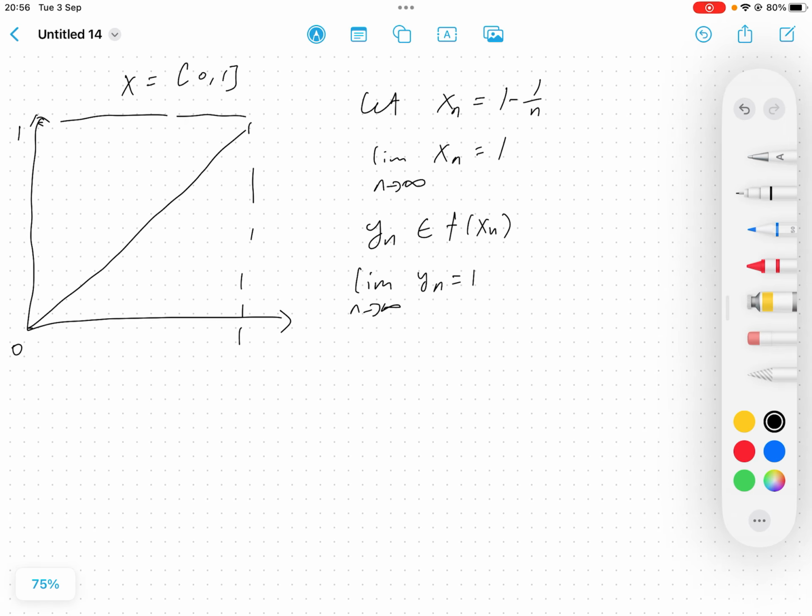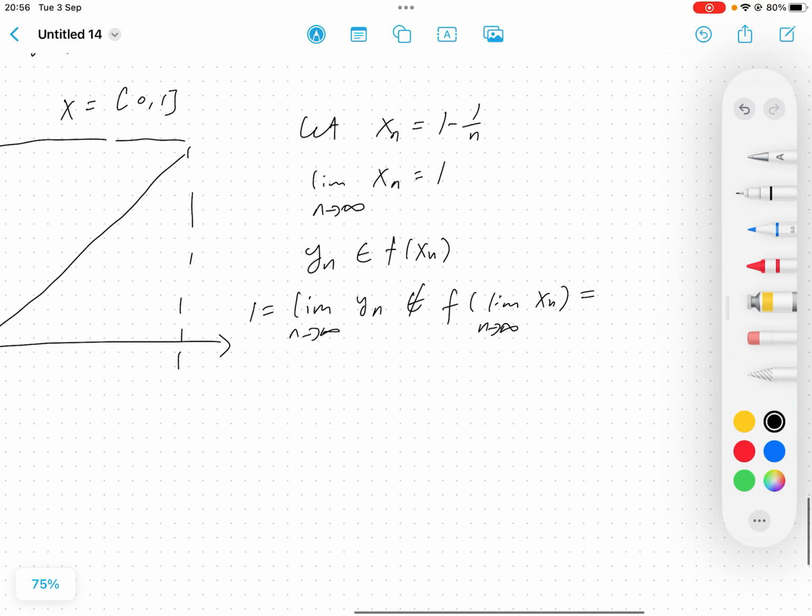So let's write in the other direction and just put 1 here. So that actually is not an element of f of the limit of x_n as n goes to infinity, which equals the set with one element, 0, right?